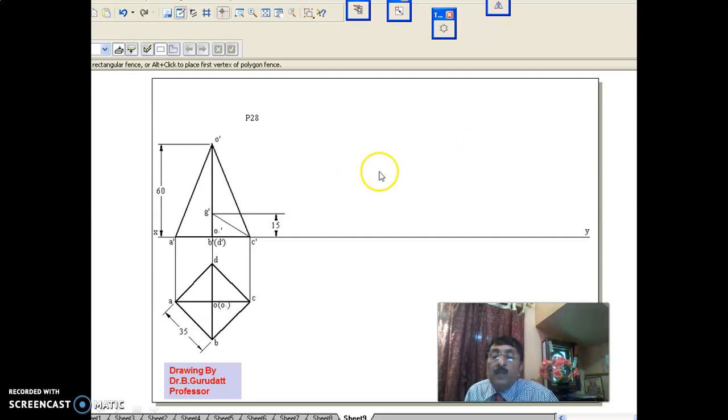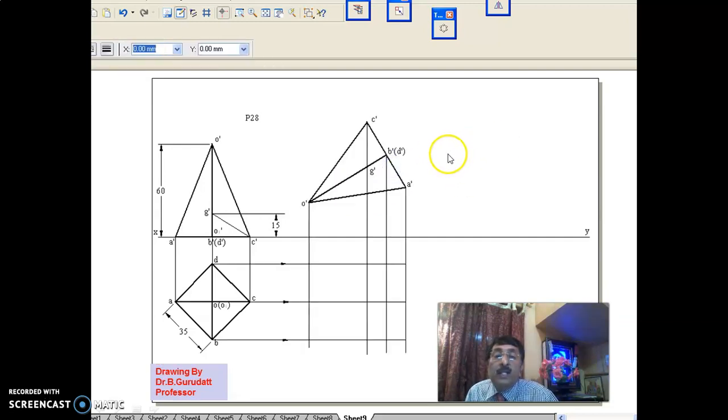That means you are tying a thread to this corner and hanging it in the space, and the line connecting the corner and the center of gravity is perpendicular to XY line or HP. That means you copy and rotate in such a way that C dash G dash is perpendicular to XY line. This you do in the second stage.